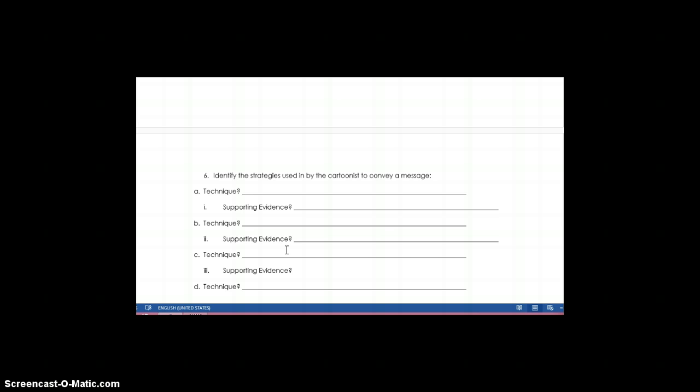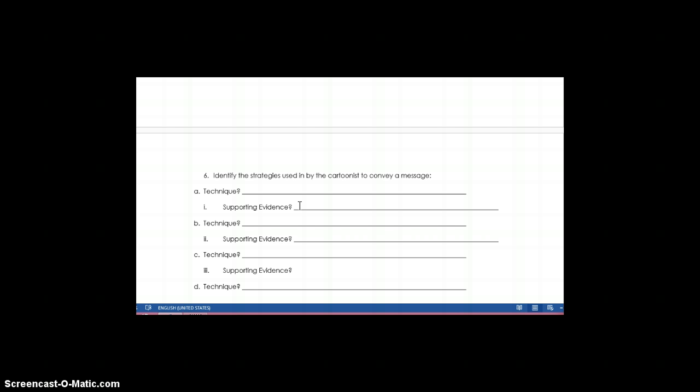Once you've answered those questions, you need to move on to a sixth question, in which you need to identify the strategies used by the cartoonist to convey or communicate the message. So, for example, what techniques are being used? What supporting evidence can you provide to illustrate that a particular technique is being used?